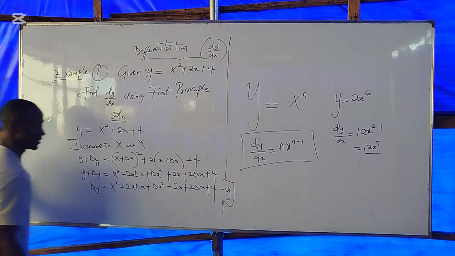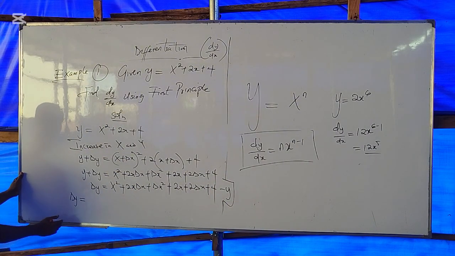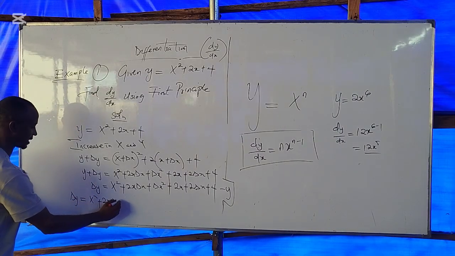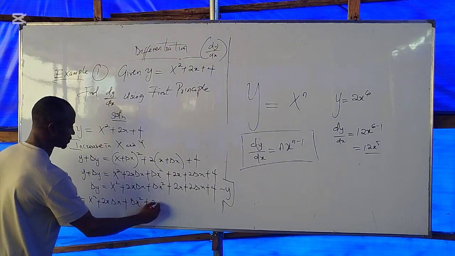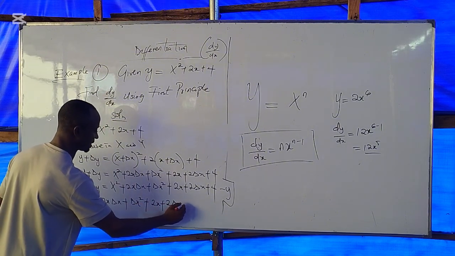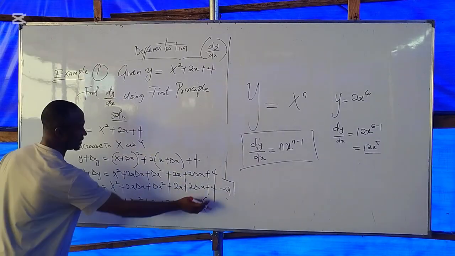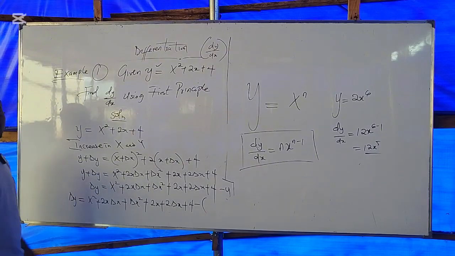Let me adjust a little. Delta y becomes x squared plus 2x delta x plus delta x squared plus 2x plus 2 delta x plus 4 minus bracket. Our y is equal to x squared plus 2x plus 4.